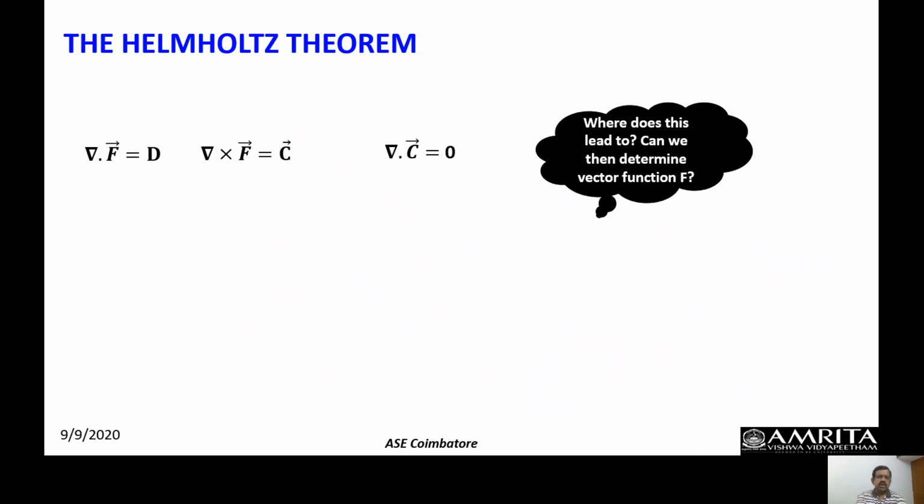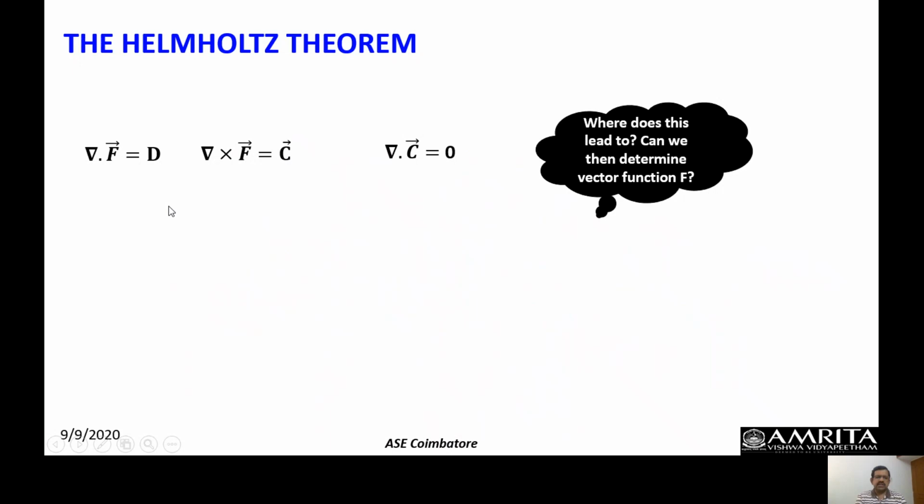We cannot determine uniquely. We may get some function, but it is not a unique representation of the F. So there is some more information that is required for the vector function to be determined uniquely. What are those? So as I told you, the Maxwell's equation is actually divergence of the electric field, curl of the electric field.